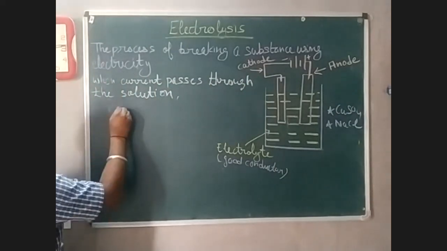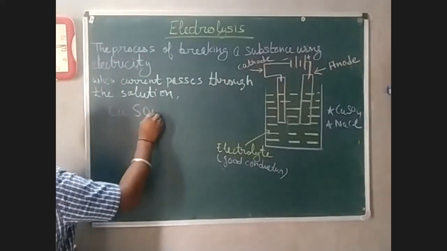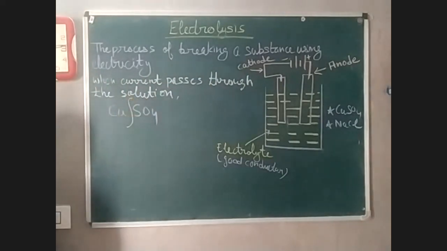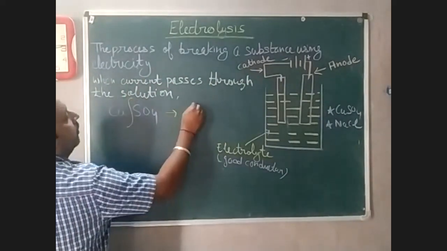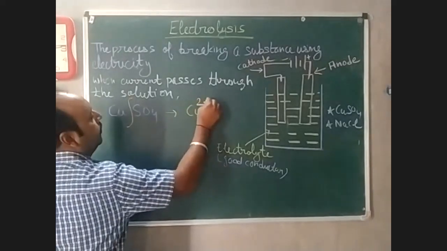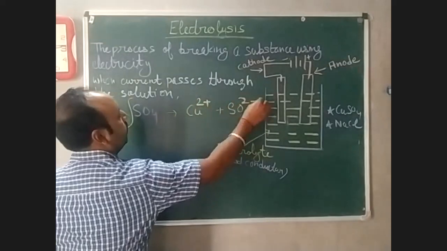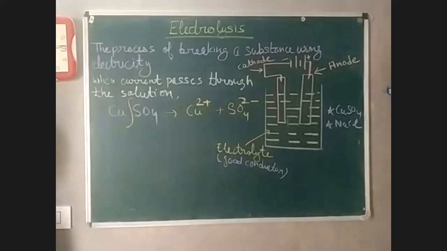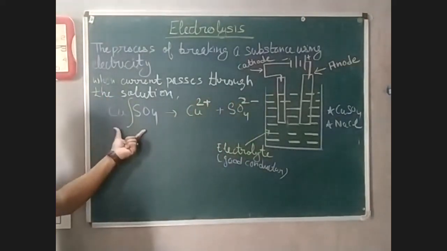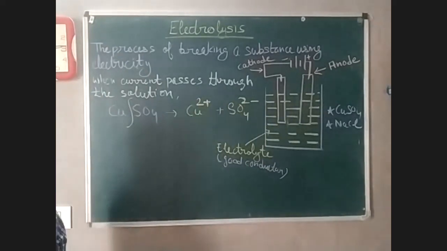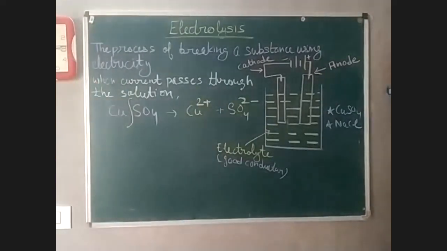Then this is our copper sulfate. What will happen? It will be broken into copper 2 positive and sulfate 2 negative. Passing electric current, breaking of substance. What is the substance here? Copper sulfate. So copper sulfate is breaking down into copper 2 positive and sulfate 2 negative, right?